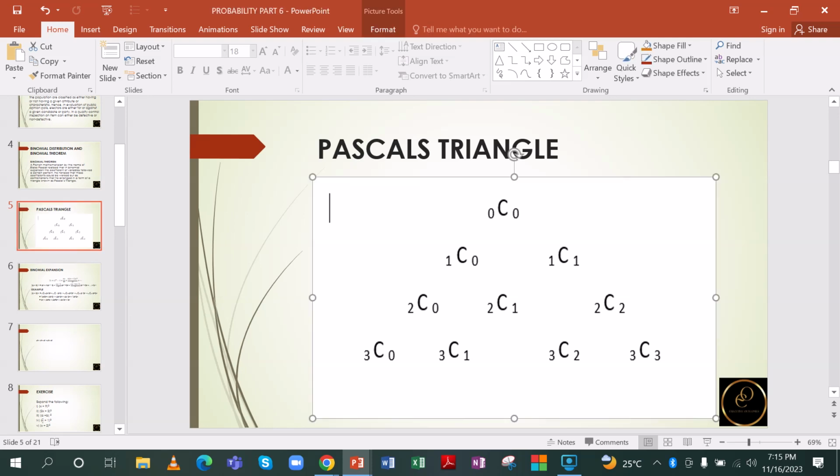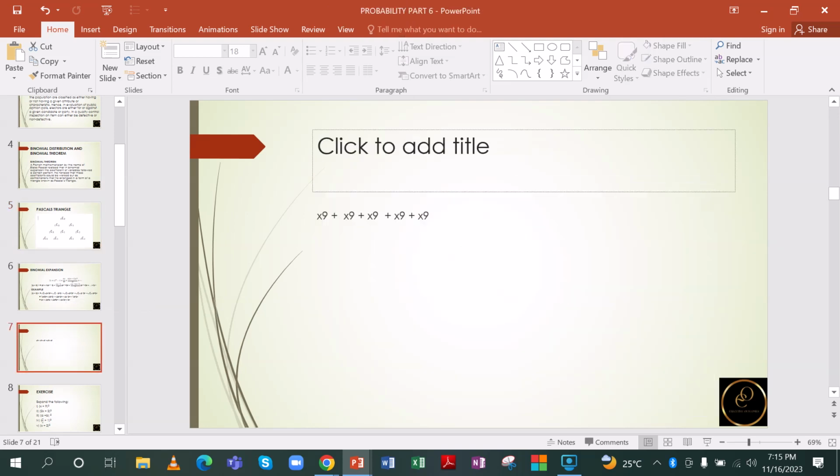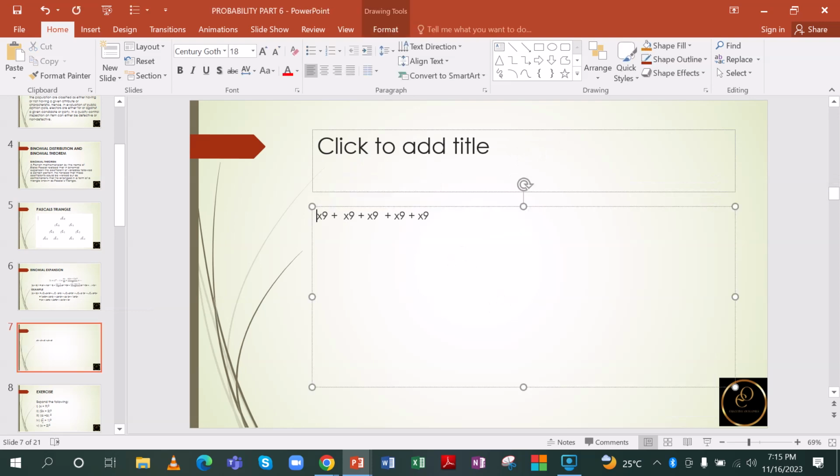So the first one here will be 3, then capital letter C, then 0. Okay, that's a coefficient.